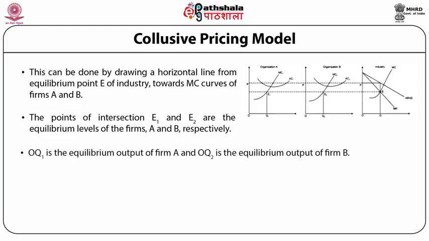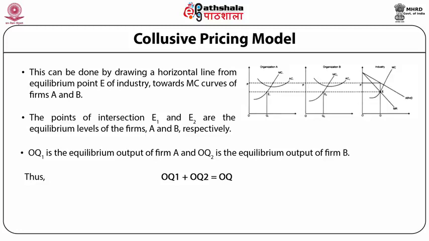OQ1 is the equilibrium output of firm A and OQ2 is the equilibrium output of firm B. Thus, OQ1 plus OQ2 is equal to OQ.